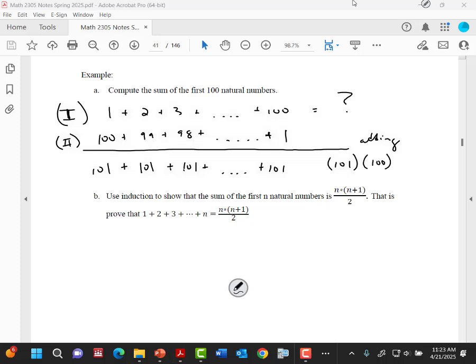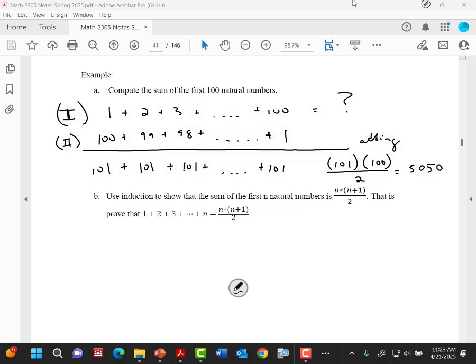So I get 101 100 times. The issue with this, though, is that this sum is twice as large as what I want it to be, because I didn't want to do 1 plus 2 plus 3 all the way up to 100 plus 100 plus 99 plus 98 all the way back down to 1. I really just want 1 to 100. So I would take this product, divide it by 2, and we end up with 5,050.